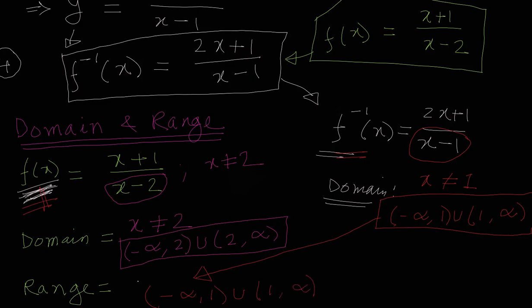So this is the range of my original function. Now you can find the domain and range for any function. Okay, that will be the end of this section, inverse function.